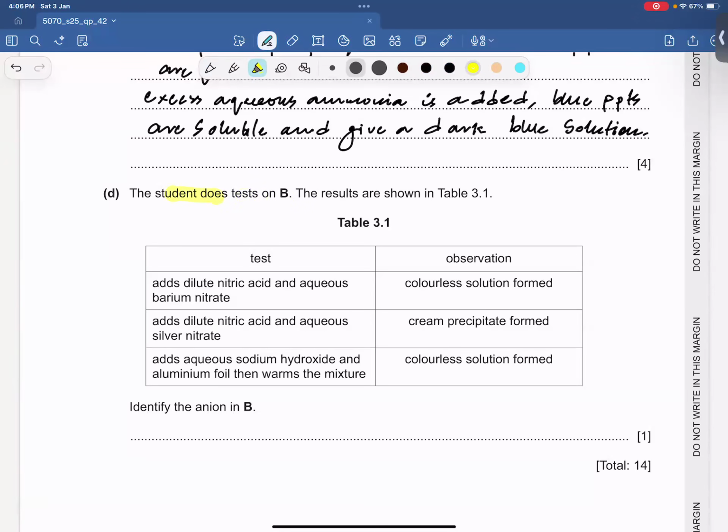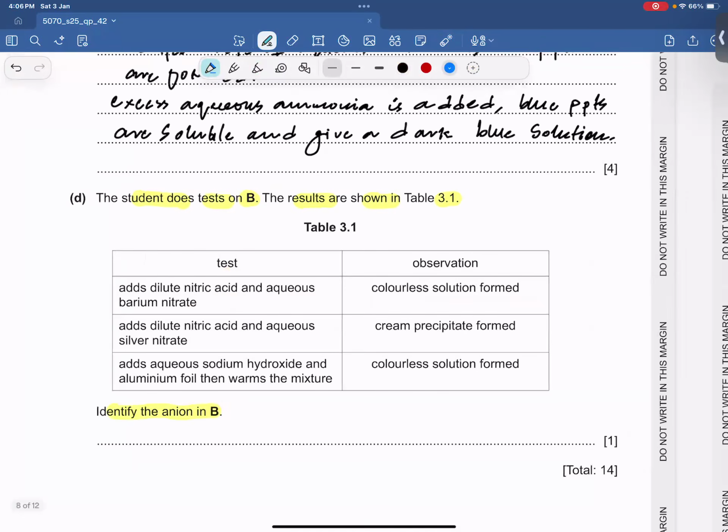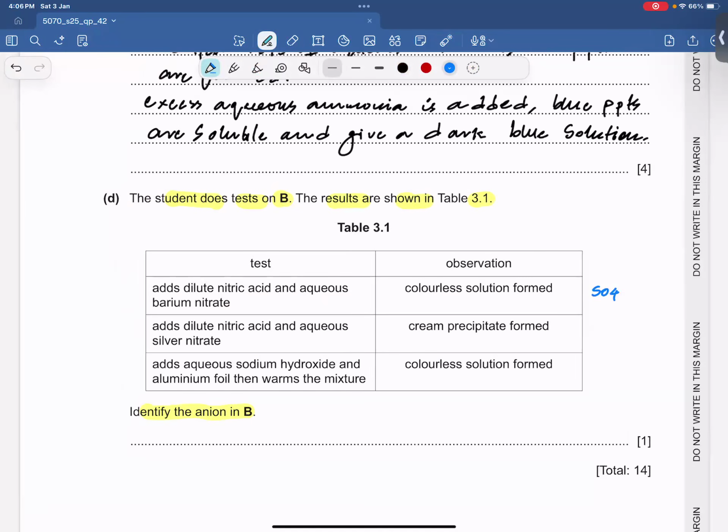The student does tests on B. The results are shown in the table. Identify the anion in B. When we add dilute nitric acid and aqueous barium nitrate, a colorless solution forms. That indicates sulfate ion absent. Okay. When we add silver nitrate, creamy precipitates form. That indicates bromide ion present, because bromide ions give a creamy precipitate.